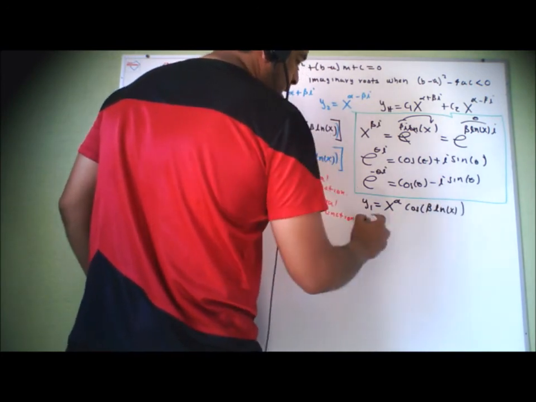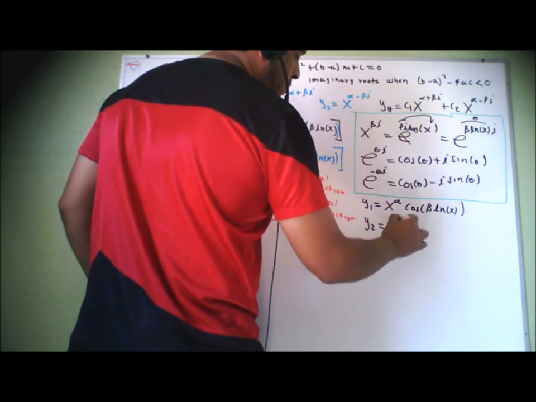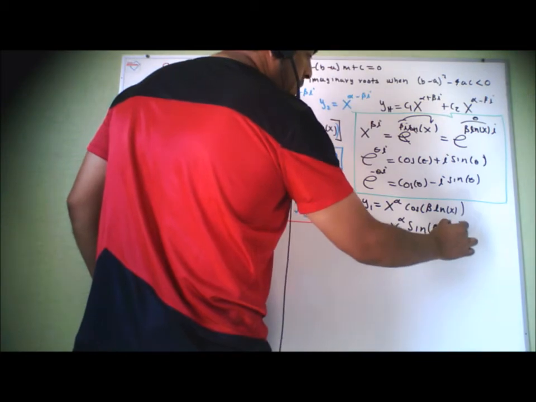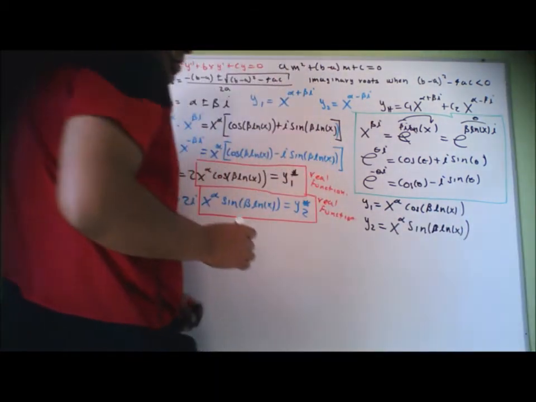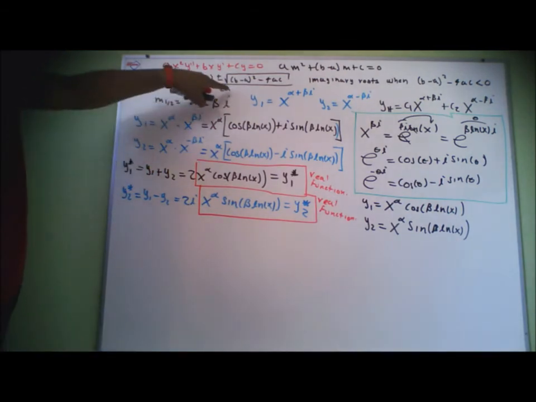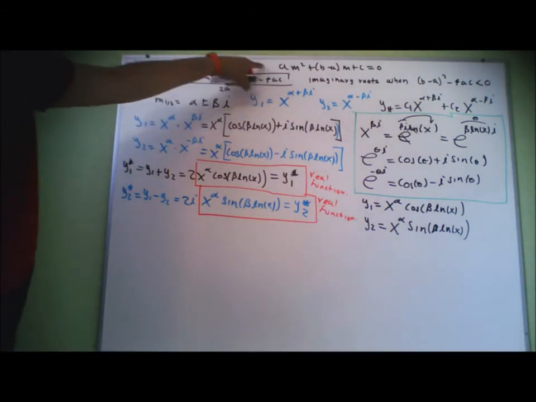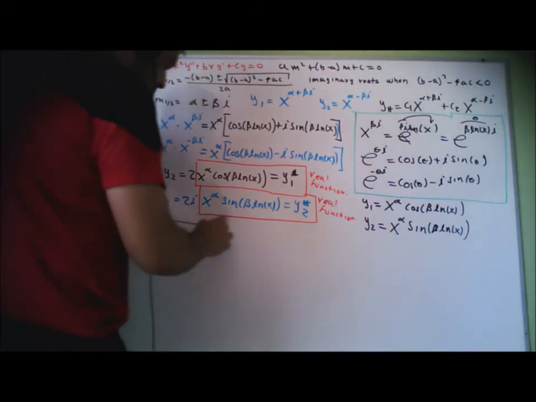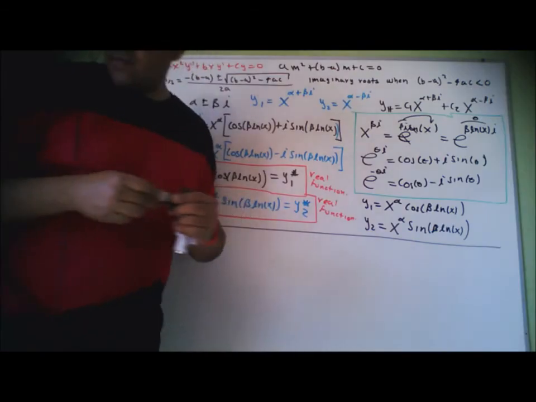And my second solution is going to be x to the power of alpha sine of beta, the natural log of x. Now, what is alpha and what is beta? Well, alpha is this number, and beta is this number. Okay, we have enough space, so let's do one example here.